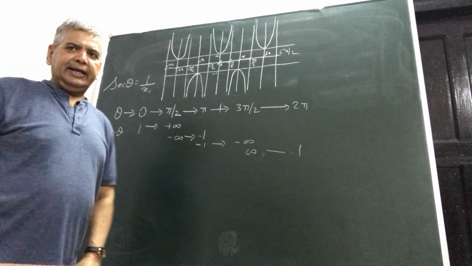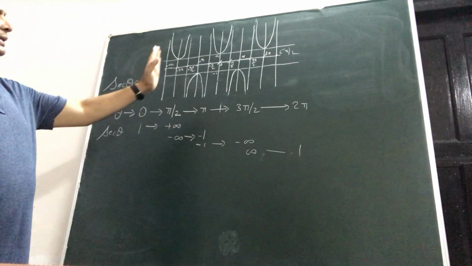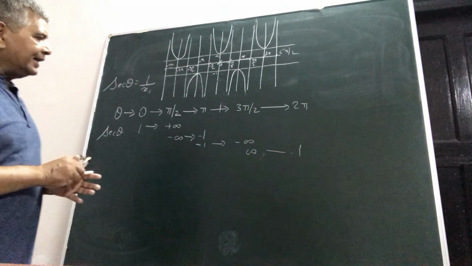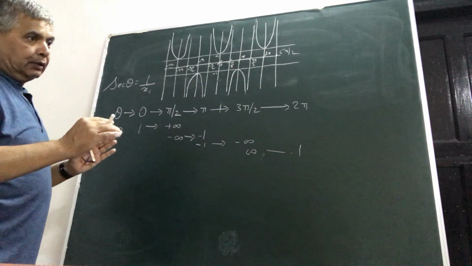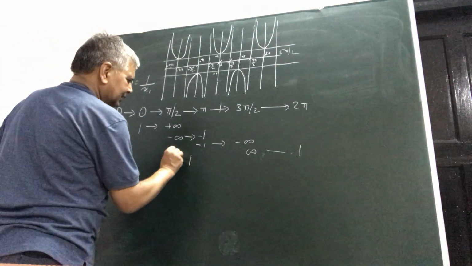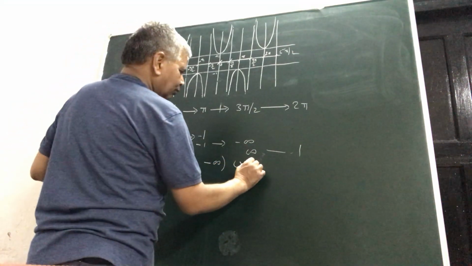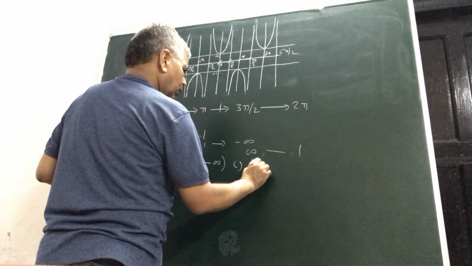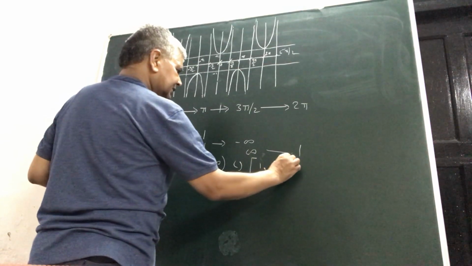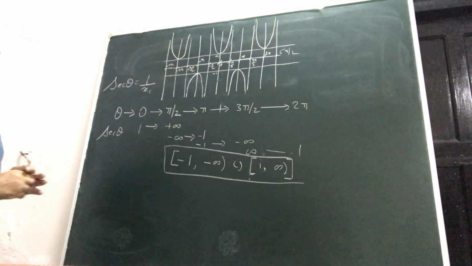Now see what we are finding. Once you get perfection in the graph of sec theta and cosec theta, then we will see what the possible values are. Of course, the possible values are from -infinity to -1 closed, union 1 to infinity, these being the values obtained by sec theta.